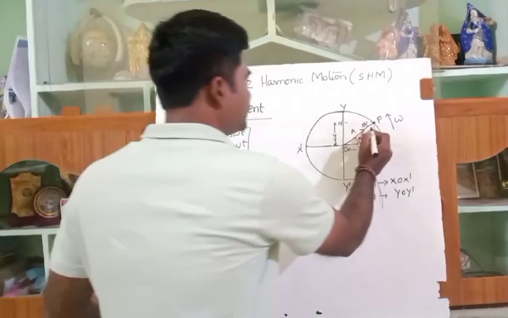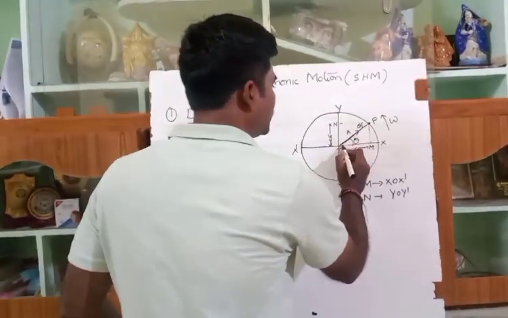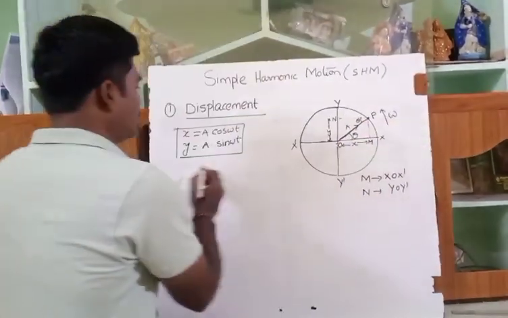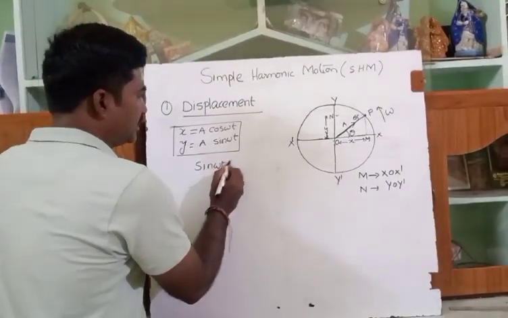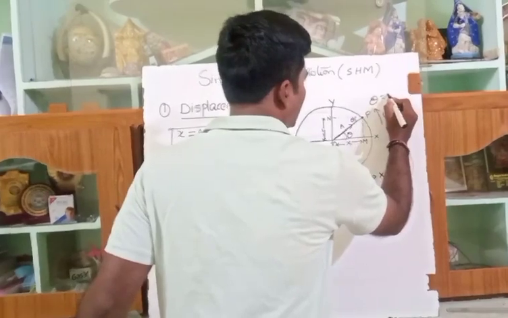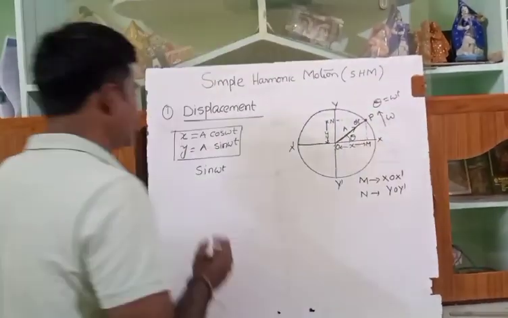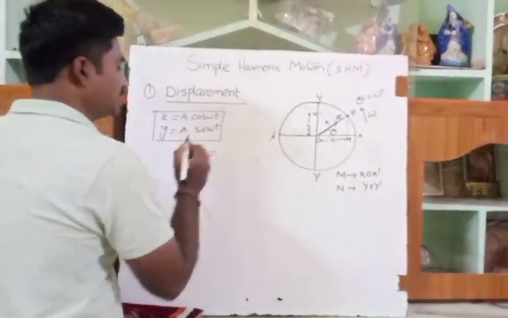From this diagram it is very clear that, for suppose we know sin theta, here theta is equal to omega t, that is the angular position. Sin omega t is equal to what?